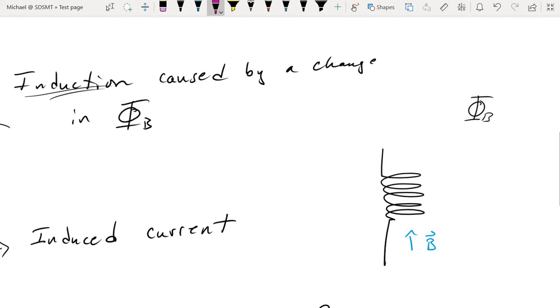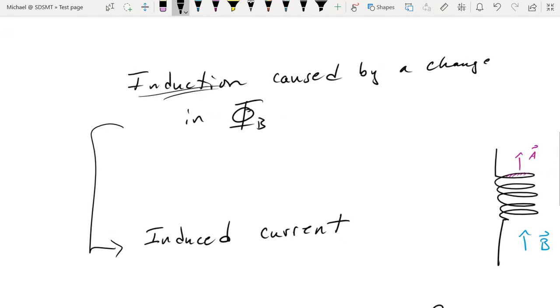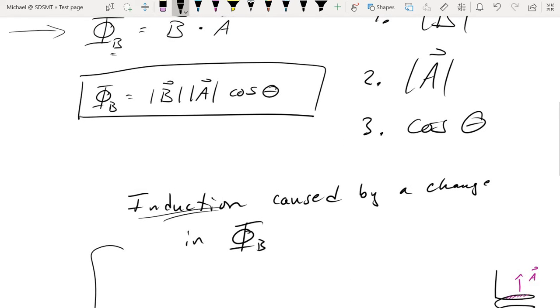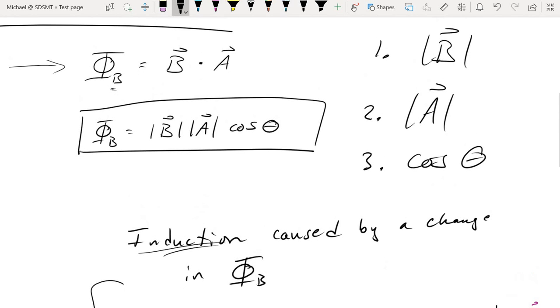I don't know if we're changing the area or the magnetic field or the angle. All I know is that we're going to be changing the magnetic flux somehow. We're going to change at least one of those things in the expression, maybe more.